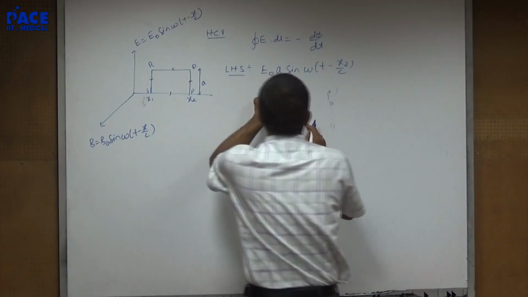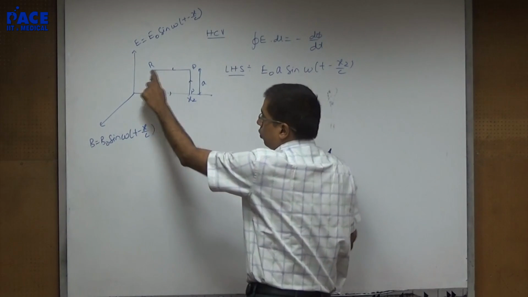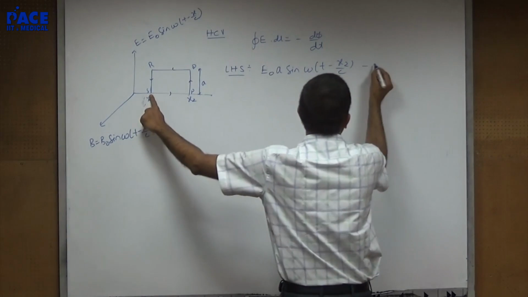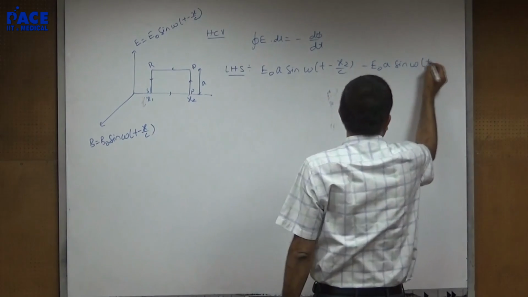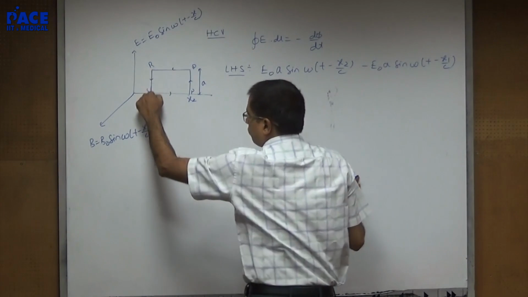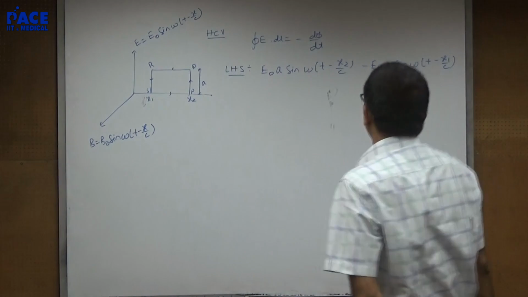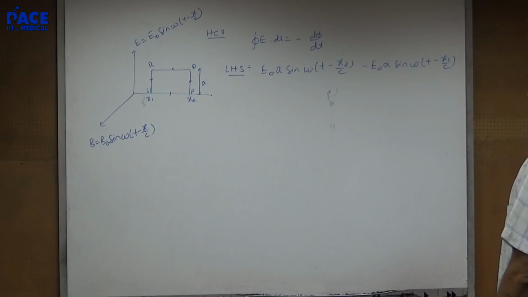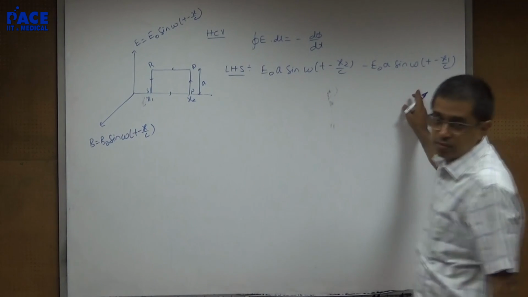A and electric field are in the same direction. Q to R will become 0. R to S will become minus E naught into A sine of omega t minus x1 by c. Here the electric field is upwards, this is downwards. S to P will again be 0. Is the logic clear till here? This is the LHS.